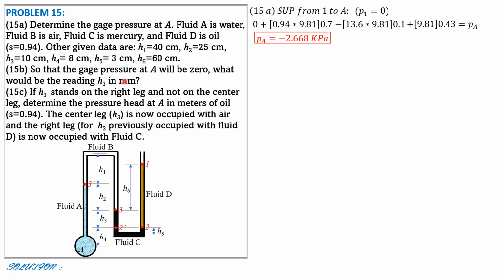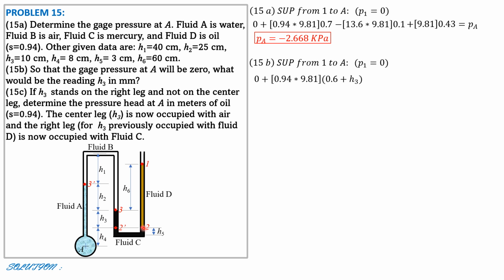Part B: so that the gauge pressure at A will be 0, what would be the reading H3 in mm? So we sum up pressure again from 1 to A. This time H3 is unknown. Beginning with P1, which is 0, we go down to 2, and take note H3 is now unknown. So 0 plus 0.94 times 9.81 times the quantity H6, which is 0.6, plus H3 in meter.